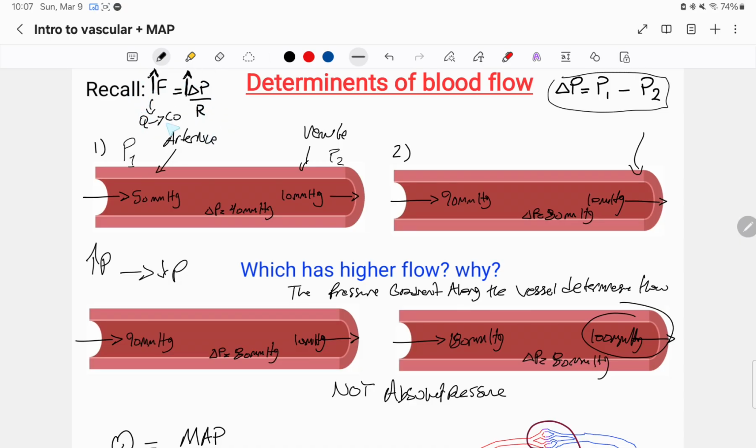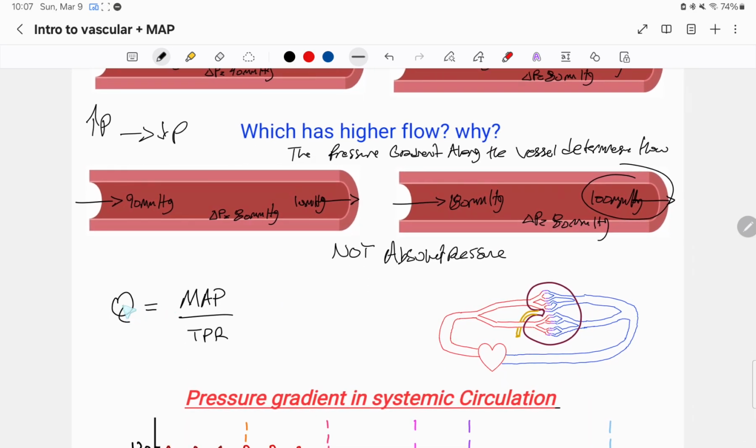And pressure, all pressure really is your blood pressure. So we can rewrite this equation, flow equals the change in pressure over resistance. We can rewrite it as your cardiac output, which is just flow, the milliliters per minute of flow, equals the mean arterial pressure, and I'll talk about what the mean arterial pressure is, over your total peripheral resistance.